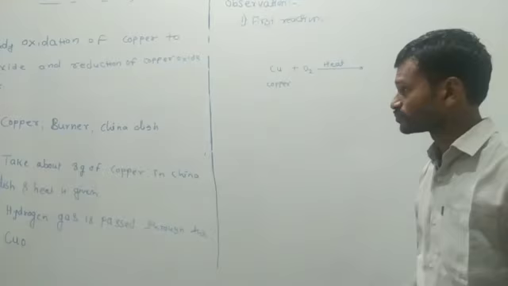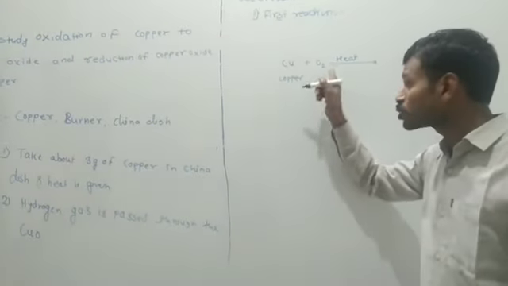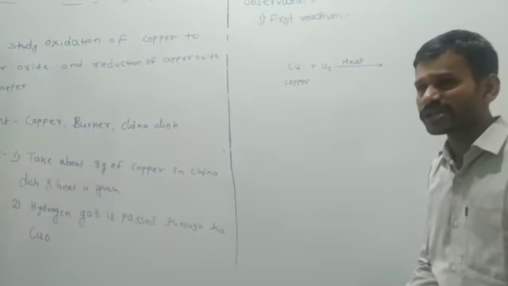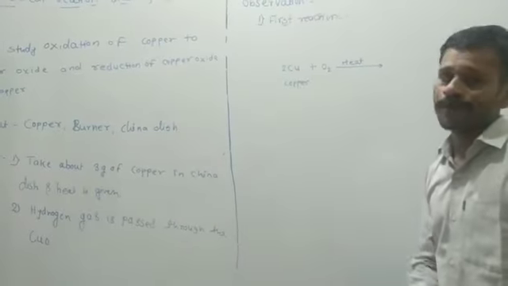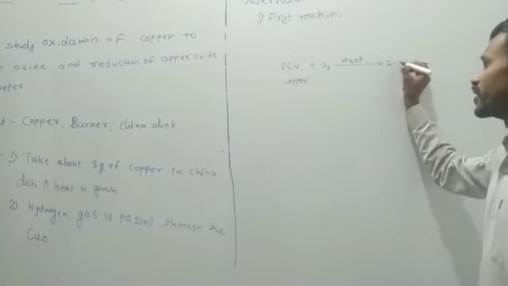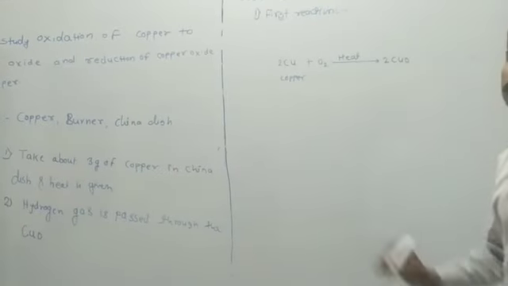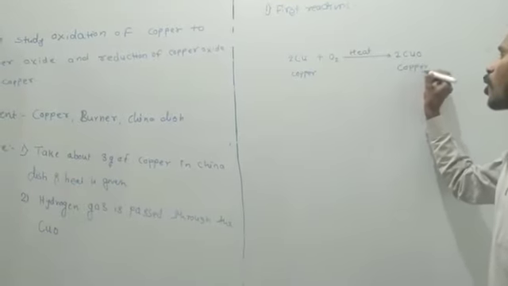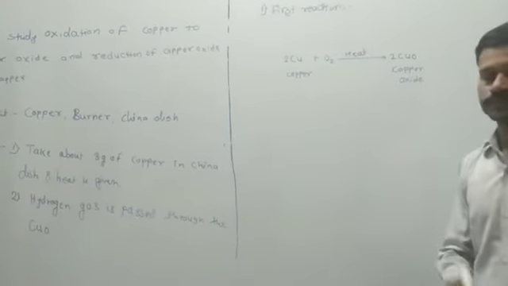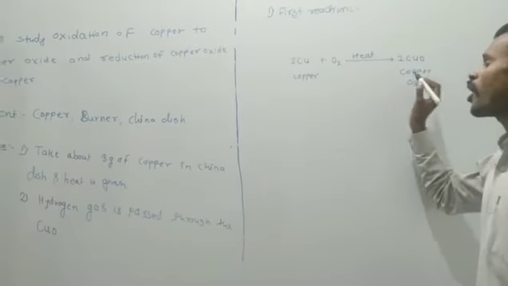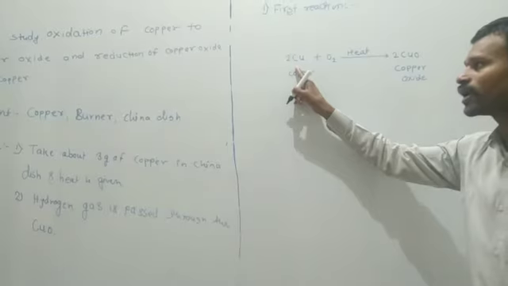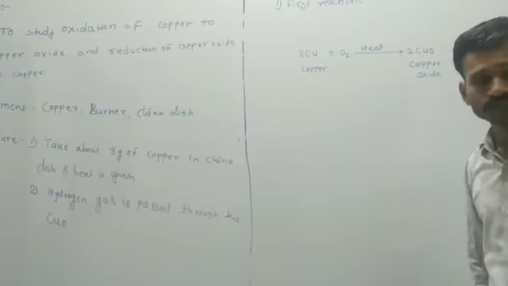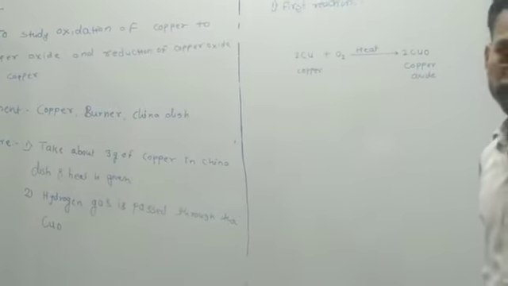In this reaction, oxygen combines with copper, but there are 2 oxygen atoms and only 1 copper, so we balance the reaction simply with twice copper. It forms 2CuO. Copper oxide is formed. The reddish brown color is converted into black color.